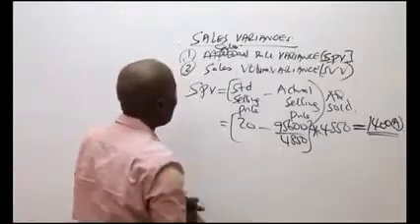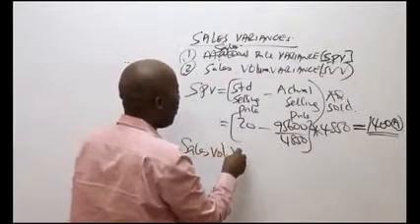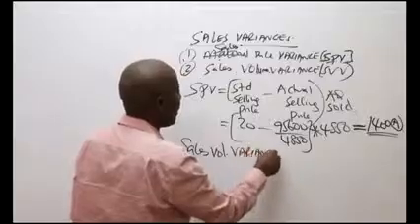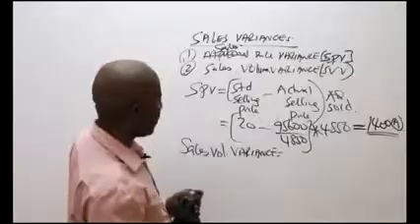So from there, come and give me the sales volume variance. So how do I get sales volume variance?